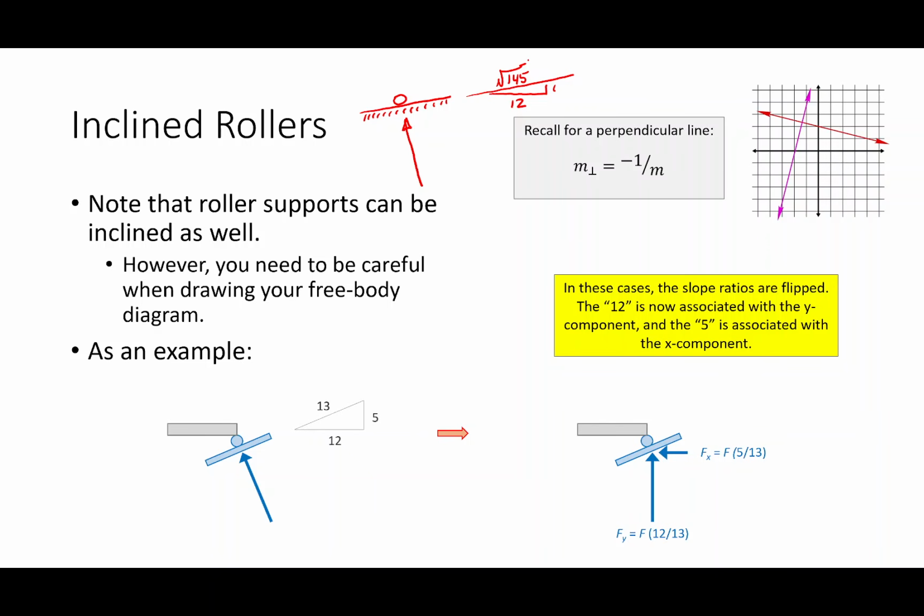So what's 12 over square root of 145? It's going to be a big number, close to 1. Yeah, 0.9965. So what I was saying is that the ground is barely sloped.